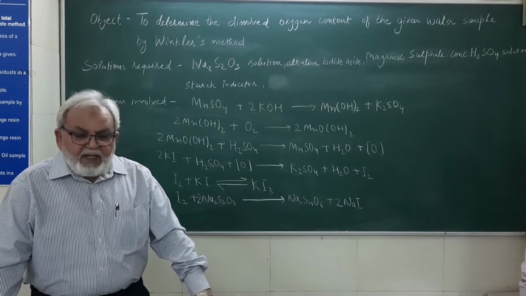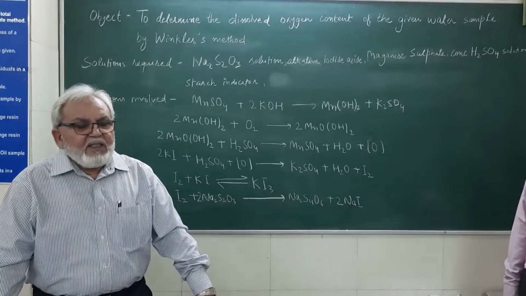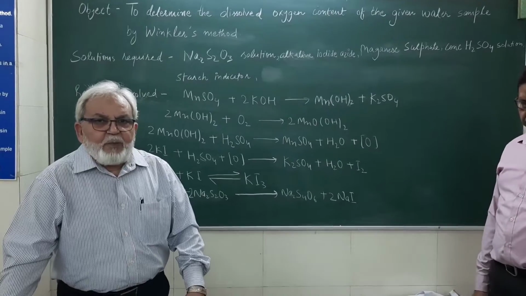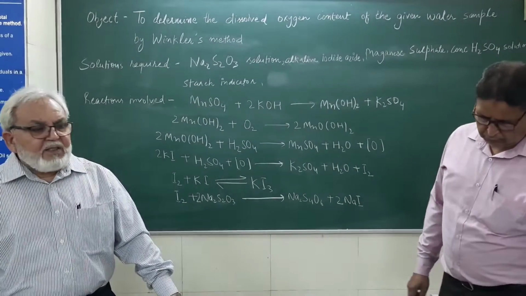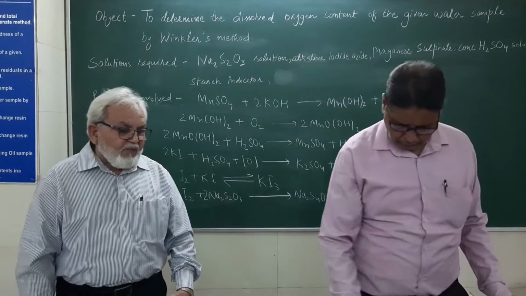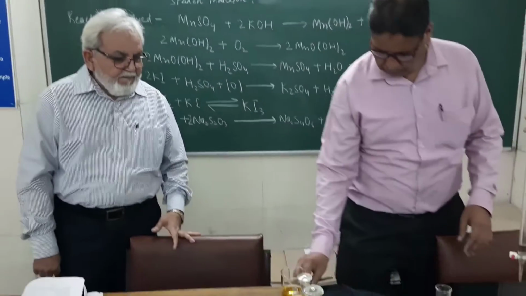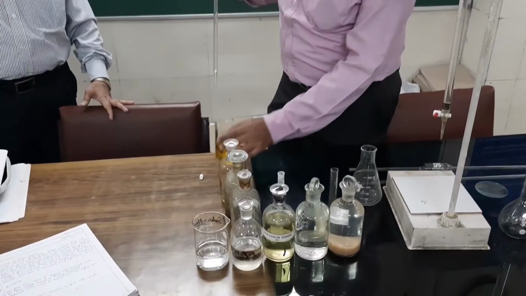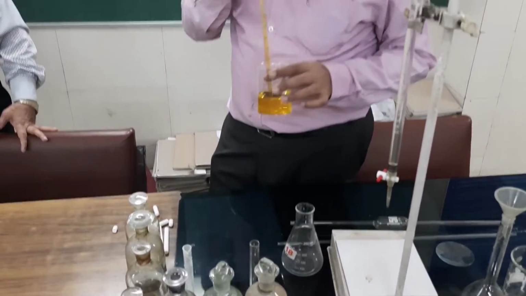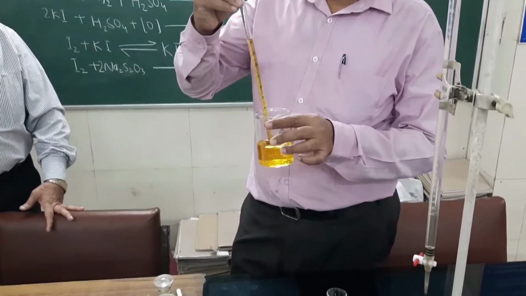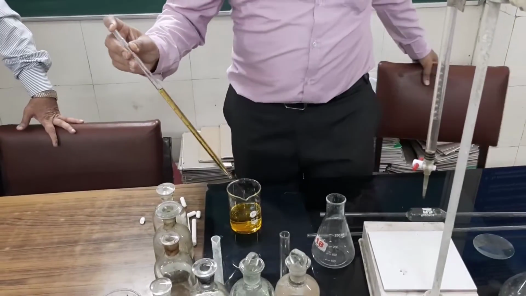So for that we will take N/80 standard potassium dichromate solution, and 10 ml of it will be transferred into a washed conical flask. 10 ml of standard potassium dichromate N/80 is transferred into a washed conical flask.